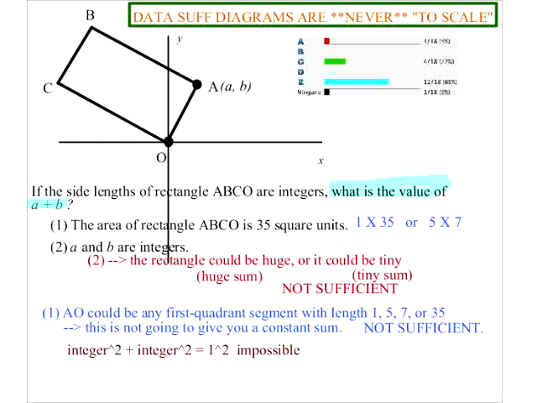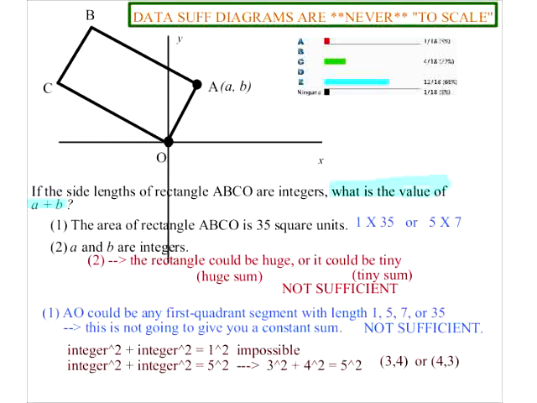If you have integer squared plus integer squared equals 5 squared, this can work: 3 squared plus 4 squared is 5 squared. So you can have the point 3,4 or the point 4,3.